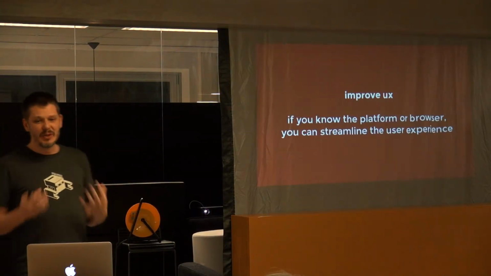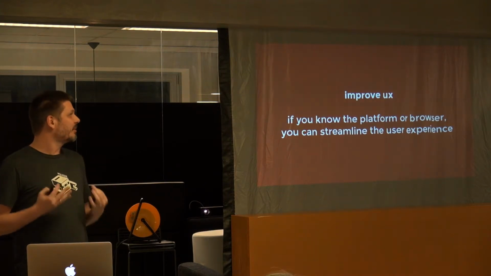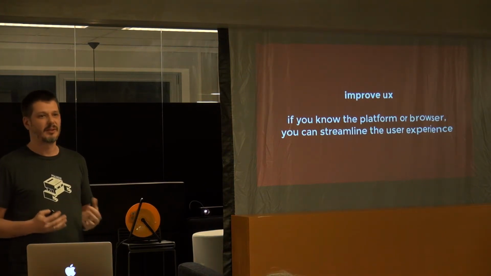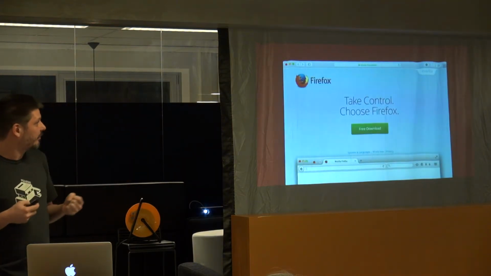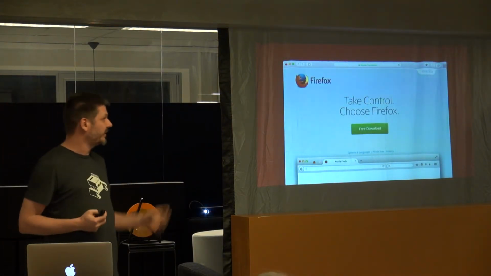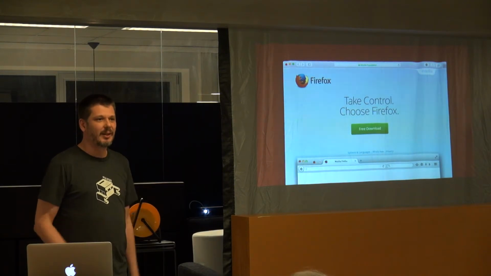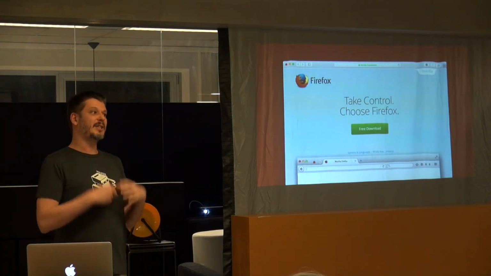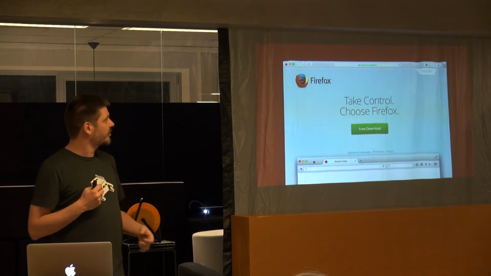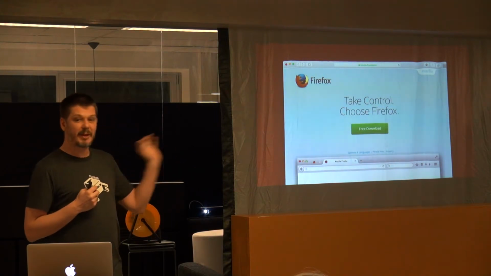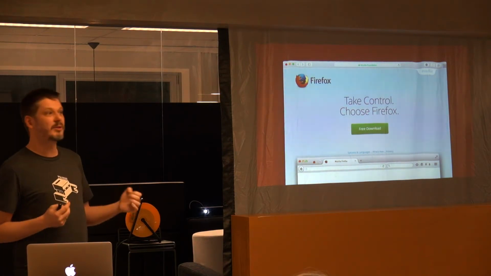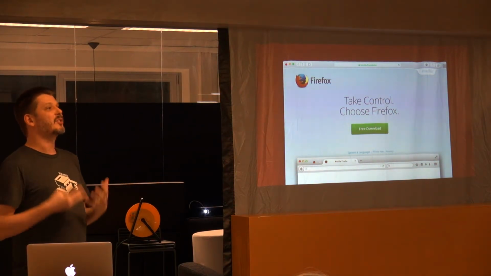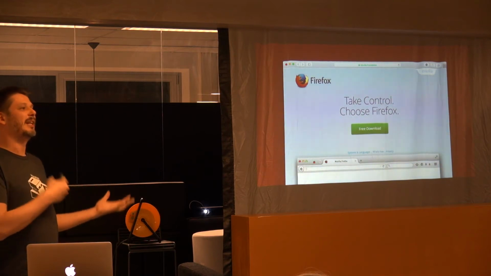So what is it good for? Well, if you know the platform or the browser, you can streamline the user experience. One example for it is this page. This is a download page for Firefox, and there's one big green button. If you visit this website with an OS X computer, a Mac, it downloads the Mac version. If you visit it with a PC, with Windows, it downloads the PC version. The user doesn't have to think about which version he has to download.